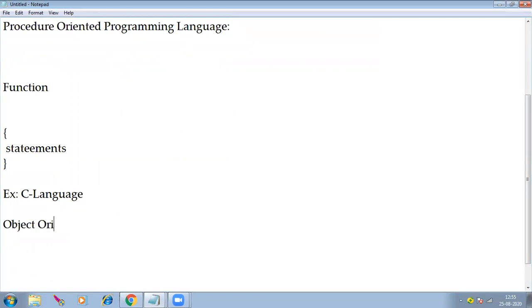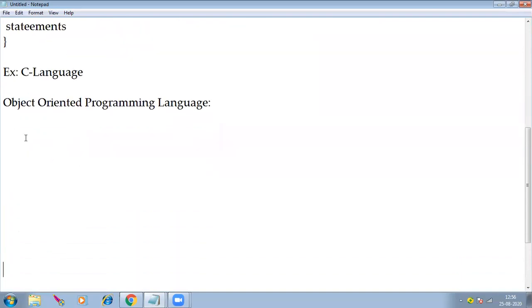So object oriented programming language. We discussed that Java is an example for object oriented programming. So what is exactly object oriented programming? Now, see, any programming language which satisfies or follows the OOPS principles.